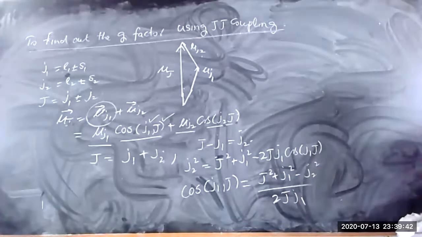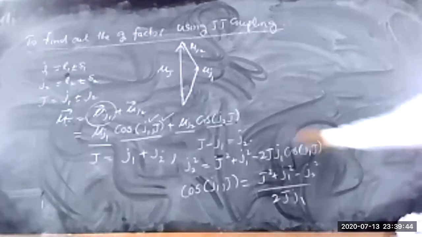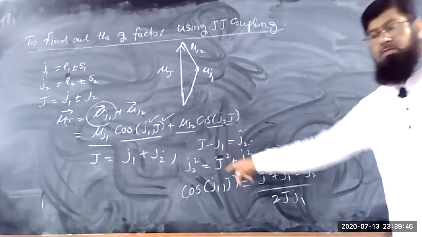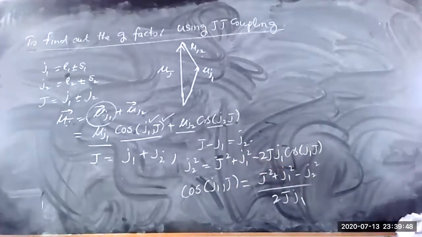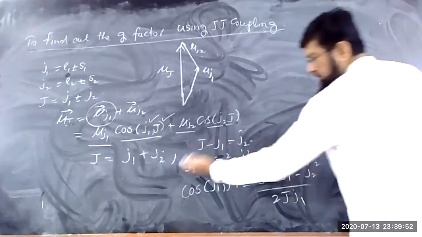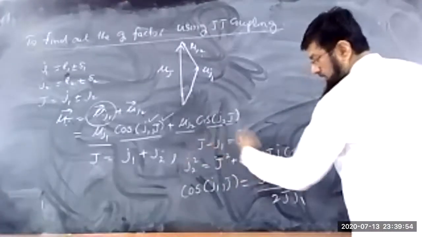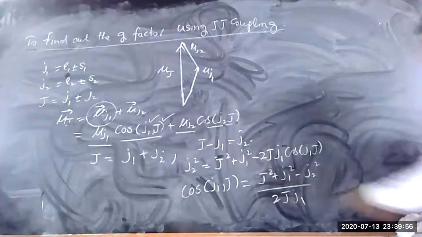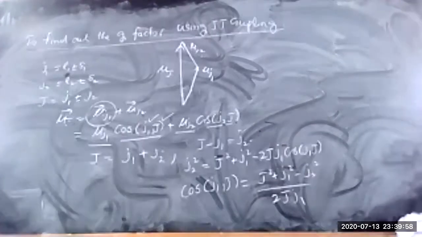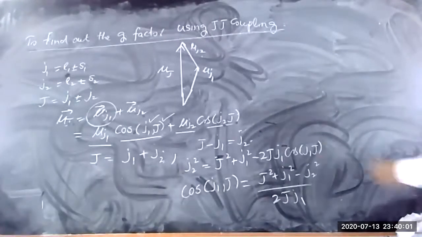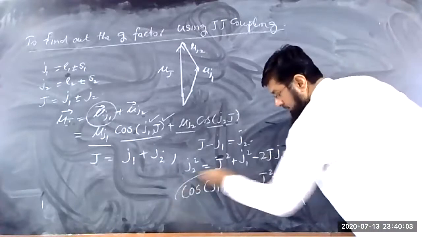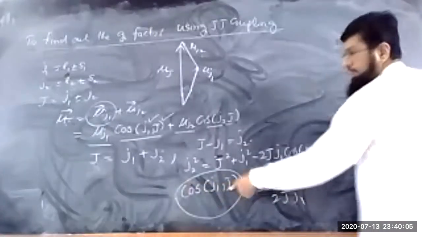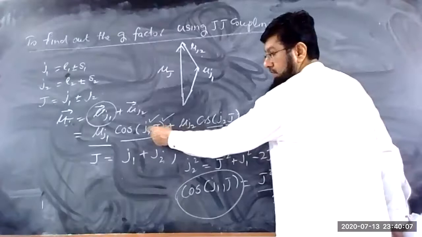This is from this equation by using cross multiplication. So this goes to this side, becomes positive, and this comes to this side so it becomes negative, and cross multiplication gives this term. Similarly, from this equation, this is the angle between j1 and j. We put this angle over here.